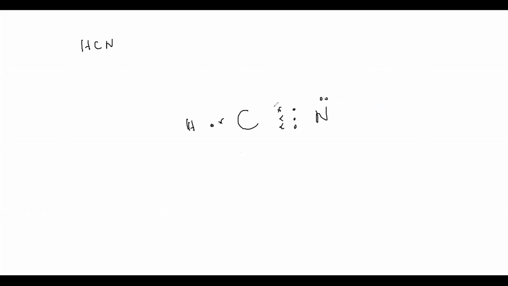Now the question is to predict the geometry, the shape of this molecule. What is the central atom? The central atom is carbon. You always take the central atom when predicting a geometry. It is H, C, triple bond, N. On one side of the central atom is a triple bond, on the other side a single bond. The triple bond I consider as one bond pair.